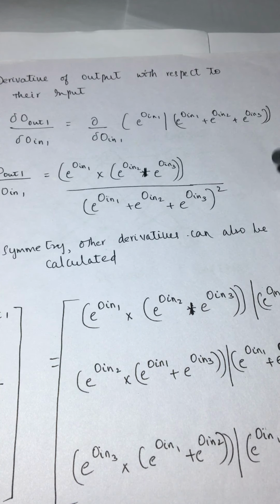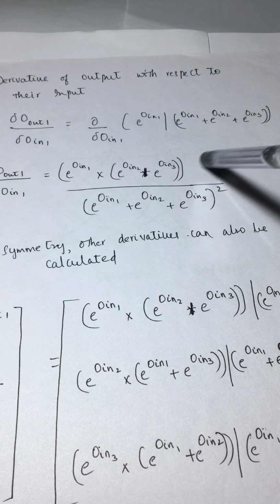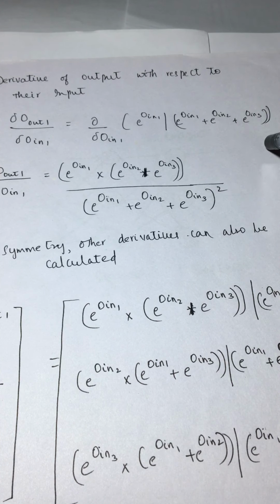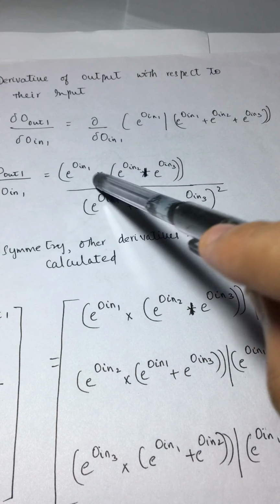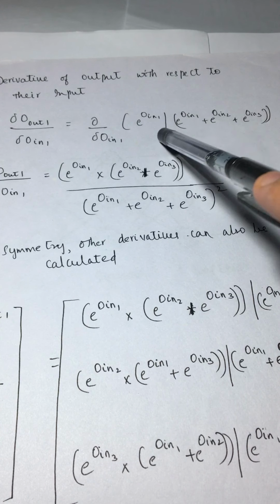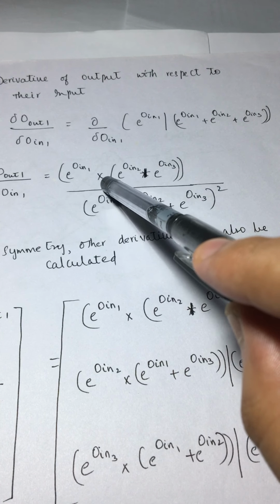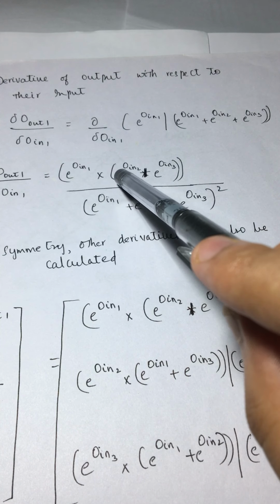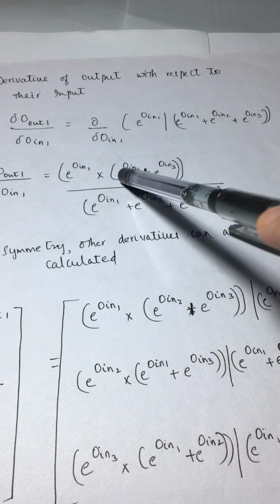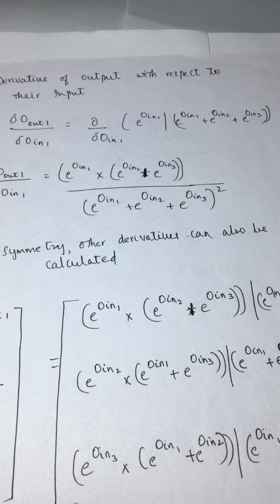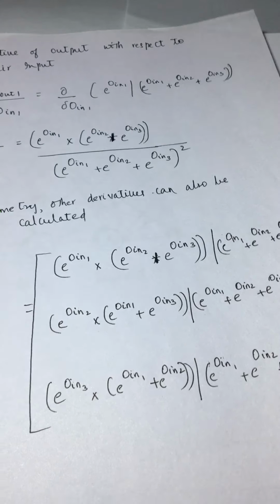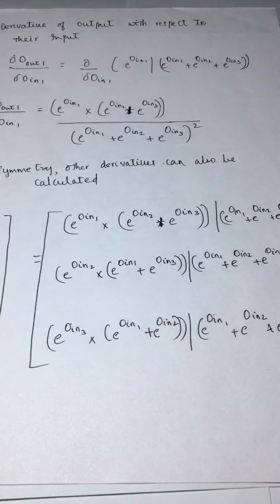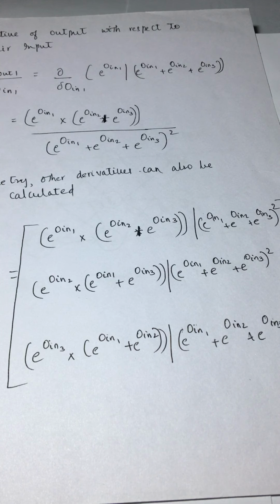The derivative would be O(n) square, because if you assume this whole thing as x, correct? Then it is x to the power of minus 1, so the derivative becomes minus 1 into x square. This O(n)(1) is basically a constant. Then this will be O(n)(2) plus O(n)(3), right? In a similar manner, you would calculate your derivative of output with respect to input and get similar values as well.